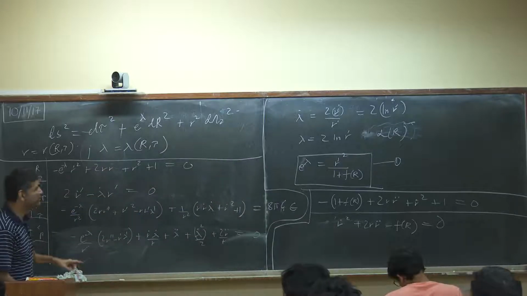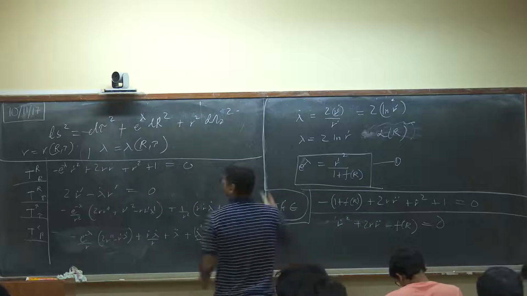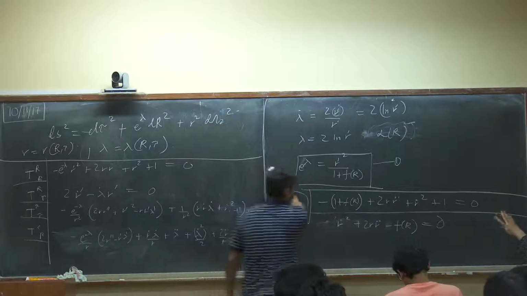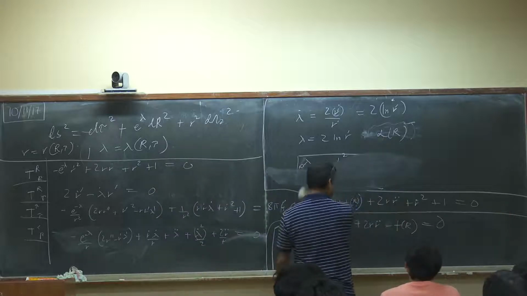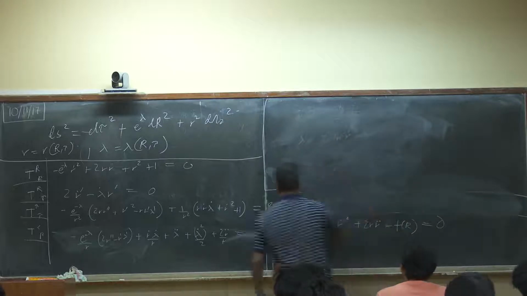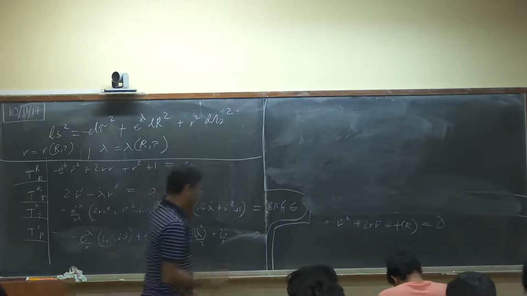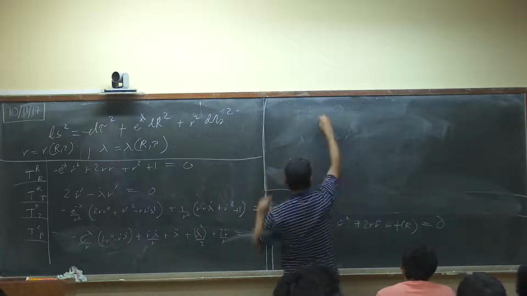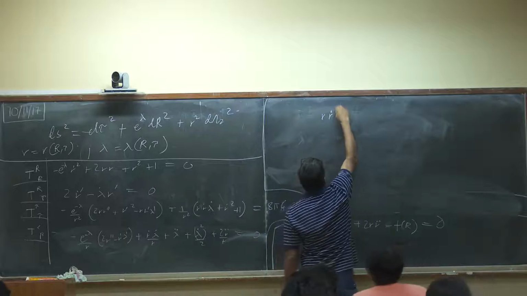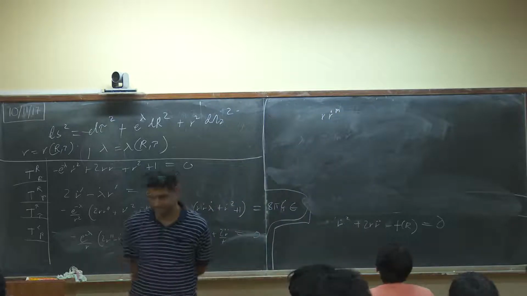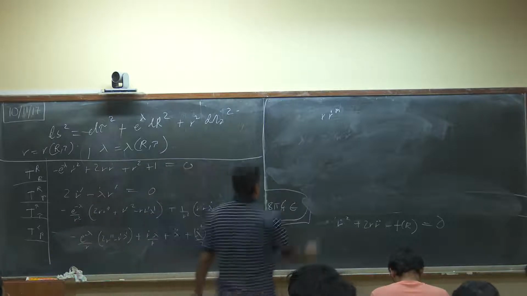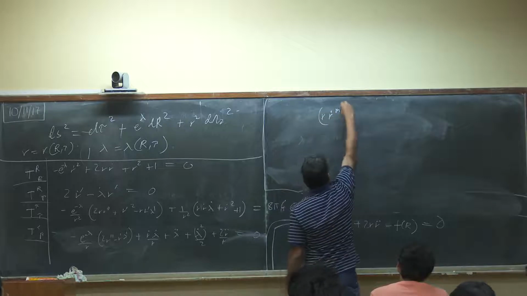I'll clear this. Okay, you'll remember what this part is. I'll clear up to here. Now suppose we take the structure r times r dot to the power m, and I differentiate this.